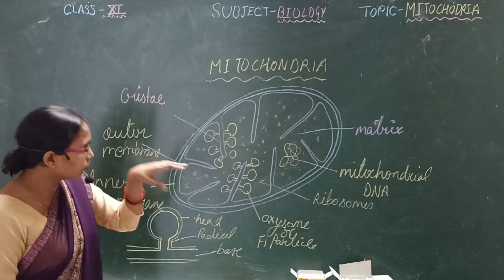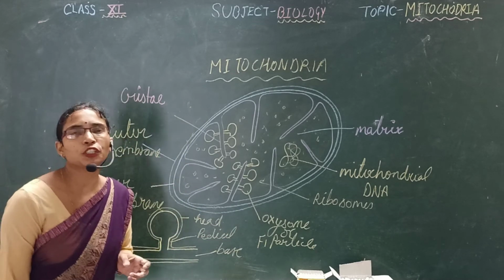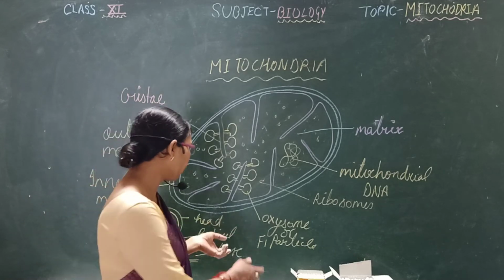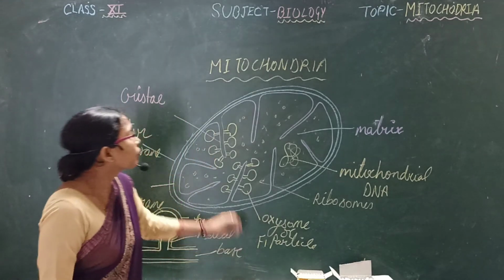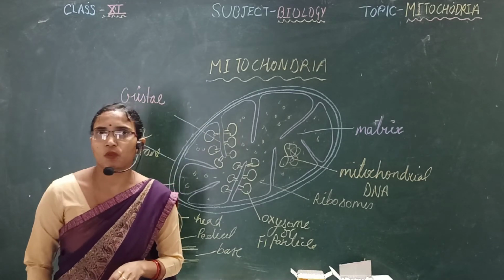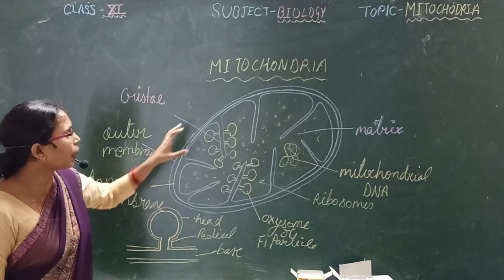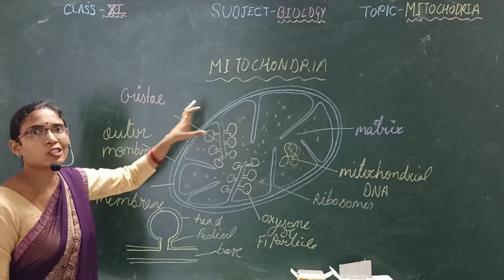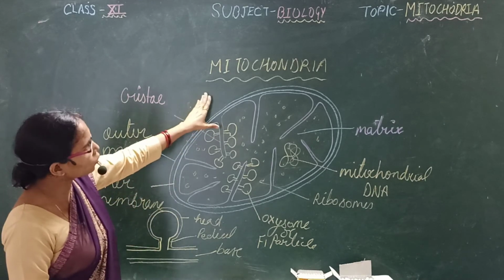Okay, now we will discuss the function of mitochondria. What is the function of mitochondria? The mitochondria is very necessary for respiration. Why? Because the Krebs cycle of respiration takes place within the mitochondria.